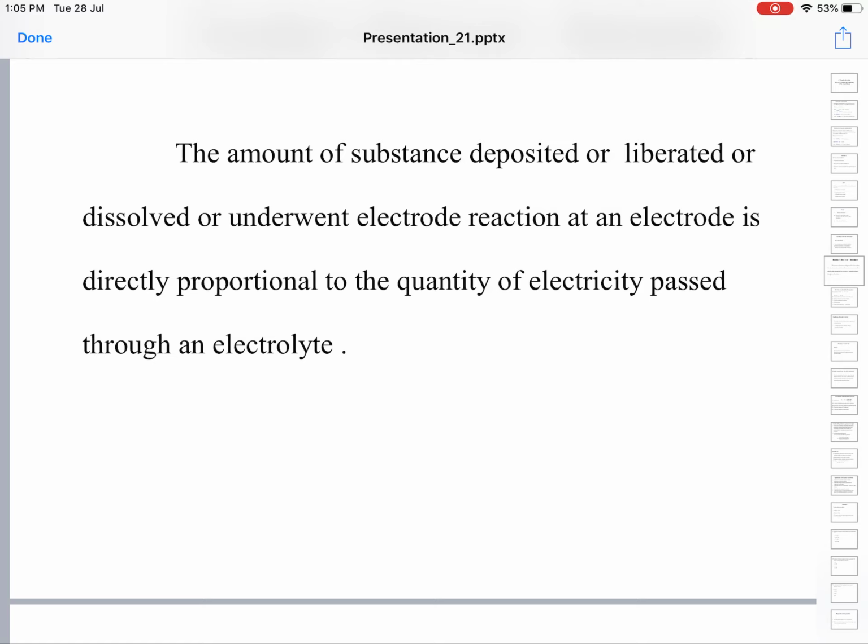So the first law of Faraday is establishing a relationship between the quantity of electricity being passed through the electrolyte solution and the amount of substance deposited or liberated or dissolved at the electrode.